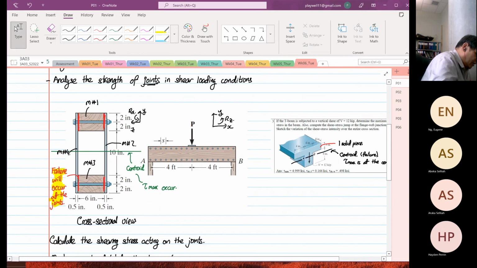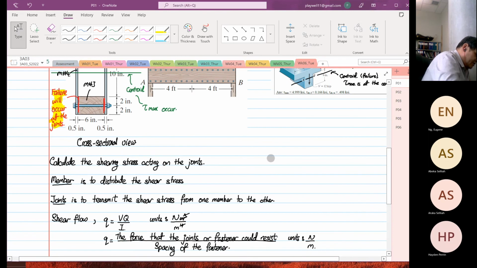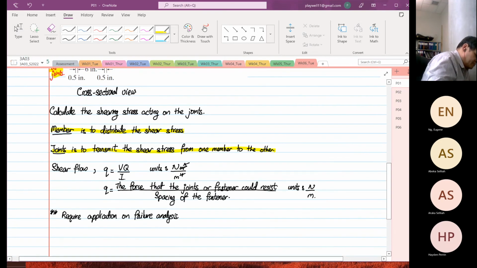The key things are these: the members distribute the shear stress. The joint transmits the shear stress from one member to the other. And this formula is the force that the joints or fasteners could resist, divided by the spacing of the fastener. So now let's look at example number 1.